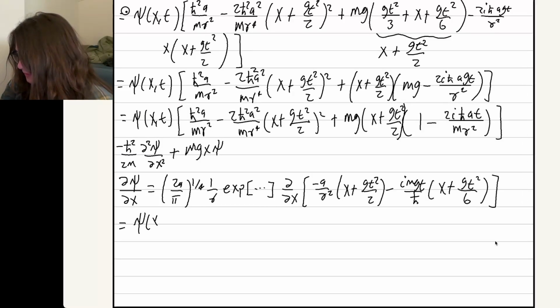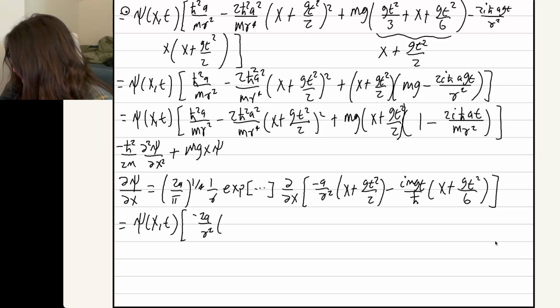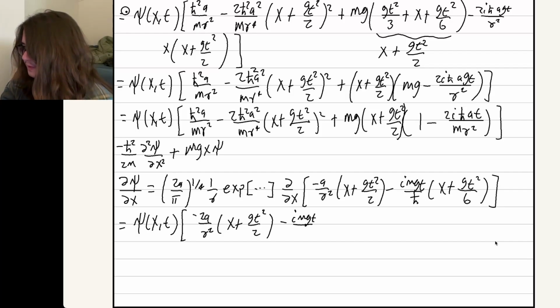So that is looking like psi of x and t, but then this derivative is minus 2a over gamma squared times x plus g t squared over 2, minus i m g t over h bar when you take that derivative. Right.